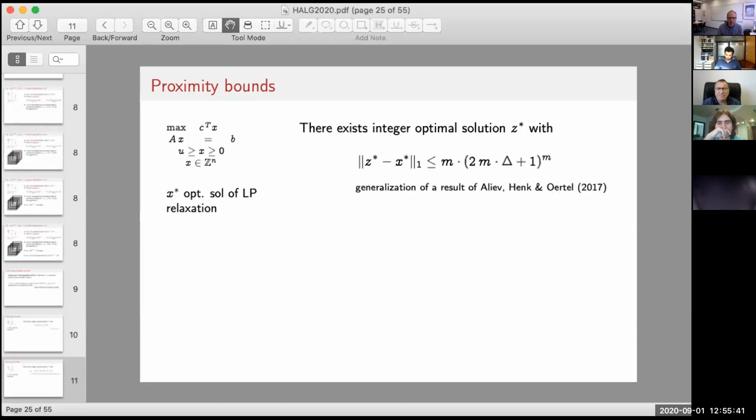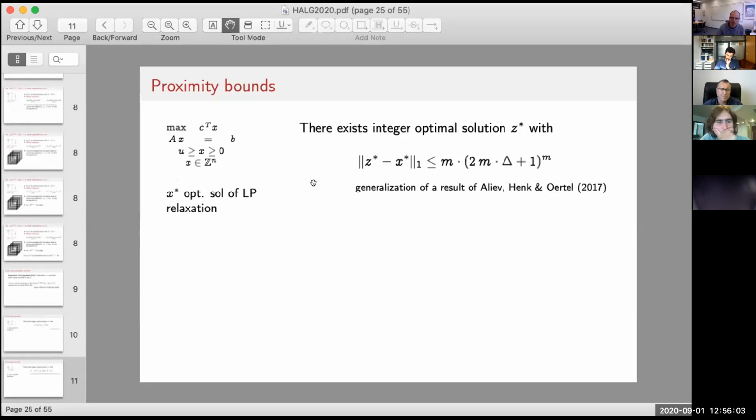Now, in the setting where we have equations and few constraints, so m is the number of equations here, and we even have upper and lower bounds, we can drastically improve upon the proximity theorem of Cook et al., also with the Steinitz theorem.